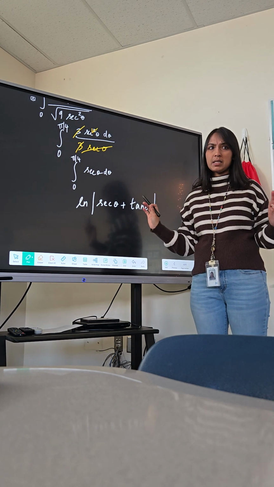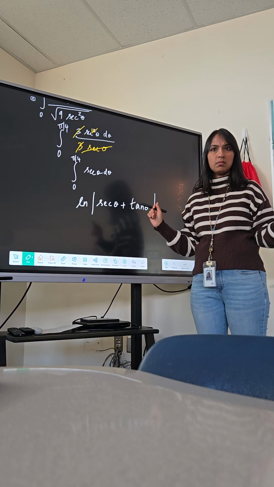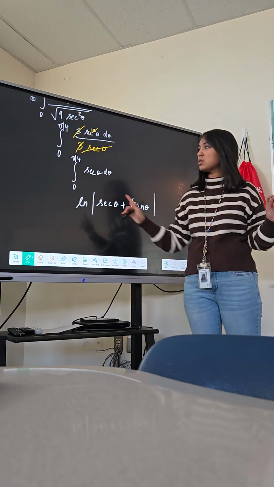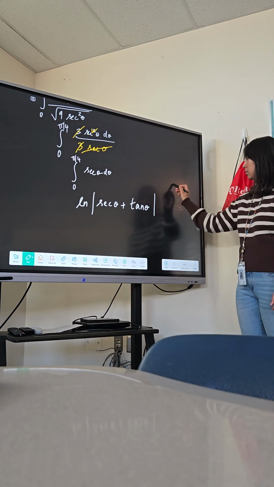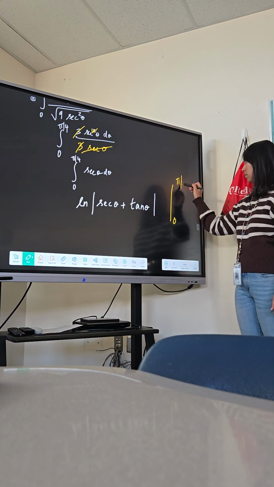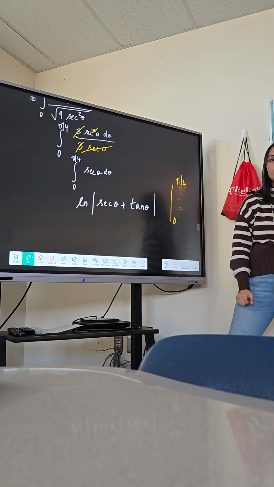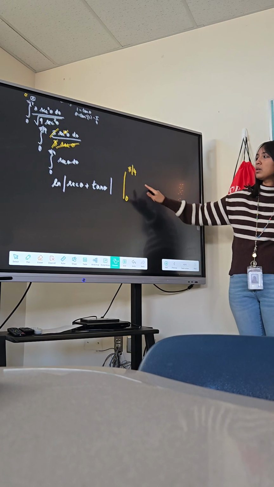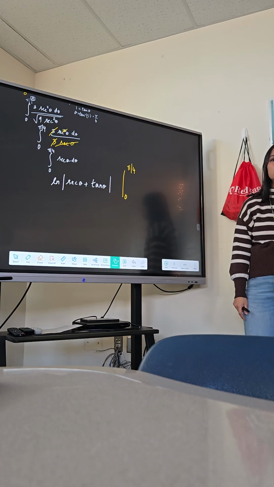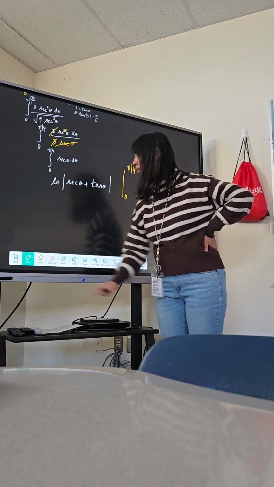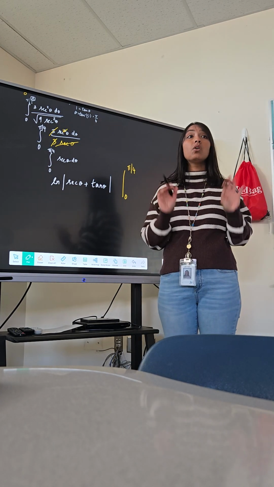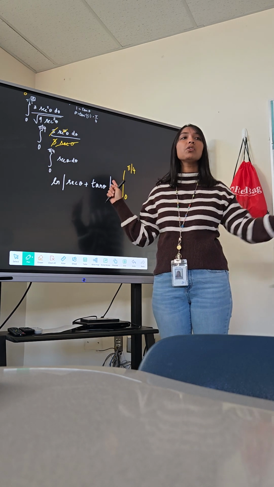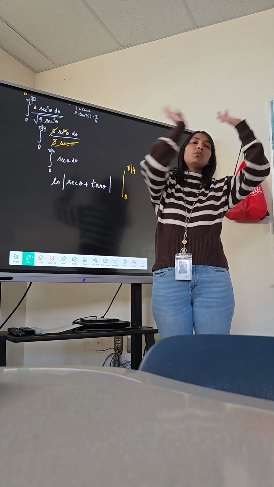We are not going to put a plus C because we are going to actually find the numerical answer to this. We have bounds. Okay, we have to change it back to x? No, that's why we changed the bounds. That is why I'm telling you to change the bounds so we don't have to go back.